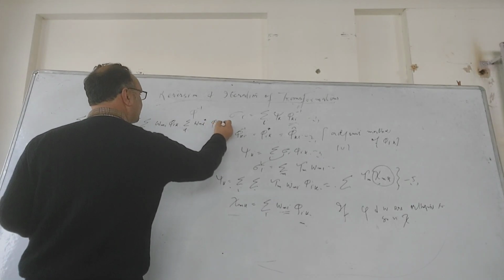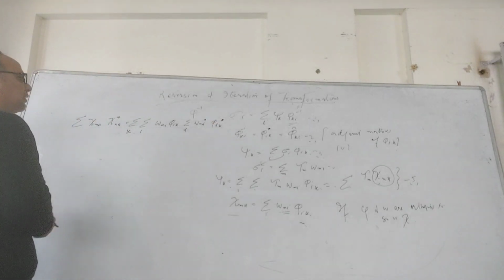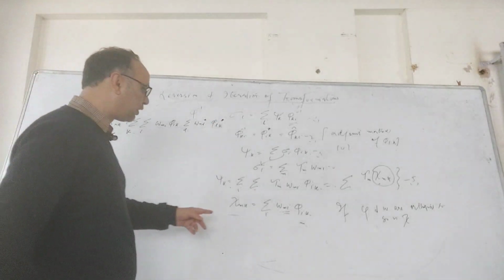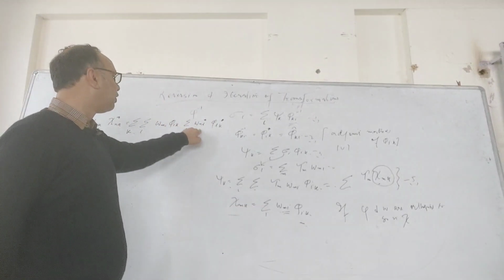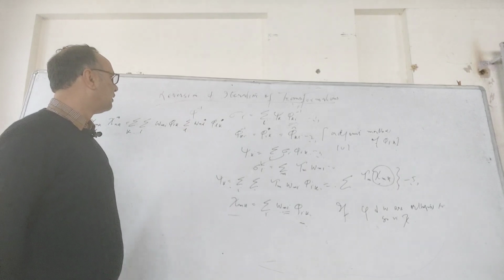Phi of l k star. So if one of them is like this, we can change this to conjugate of this.